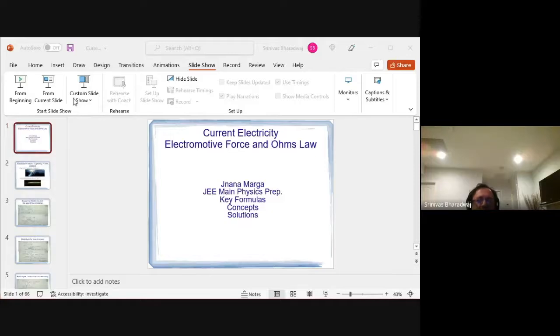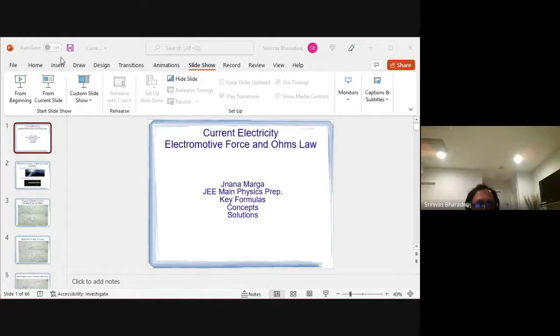But then you also know that the net I equals I1 plus I2 from Kirchhoff's junction rule, right? So the net I equals I1 plus I2, which is E1 minus V by R1, from Kirchhoff's voltage law.